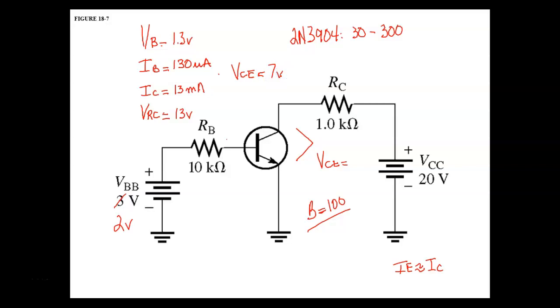So what region are we operating in? Active region, no doubt about it. Good job. So basically, rule of thumb, if VCE is less than a volt, we say it's saturated, right? If VCE is equal or close to VCC, we say it's cut off.